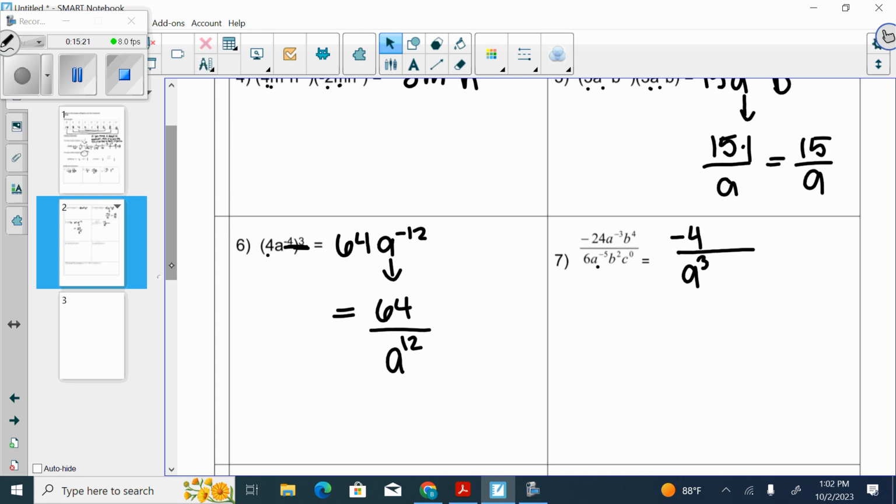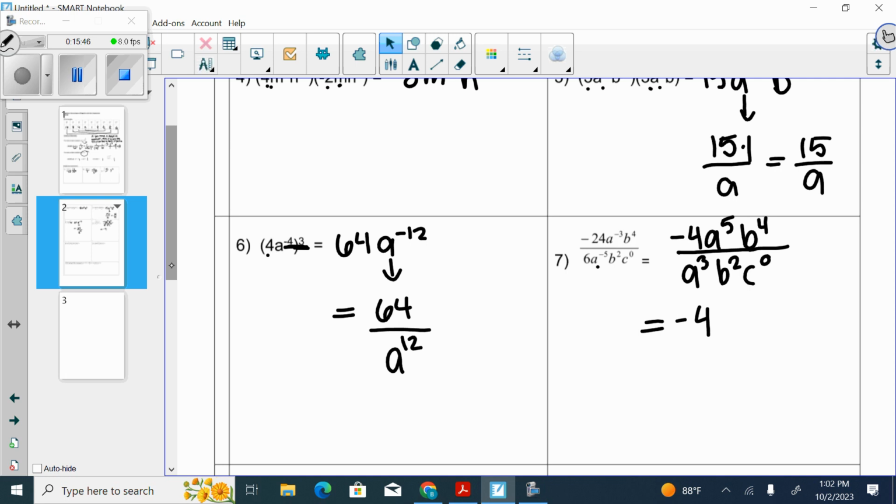Where do I move it? Up. So I'm going to put a positive a to the fifth in the top. Okay? Alright? Okay, then I'll copy down the rest. So we had a b to the fourth up here, a b squared down here, and a c to the 0. Alright, so now that our numbers are positives, we're going to subtract.